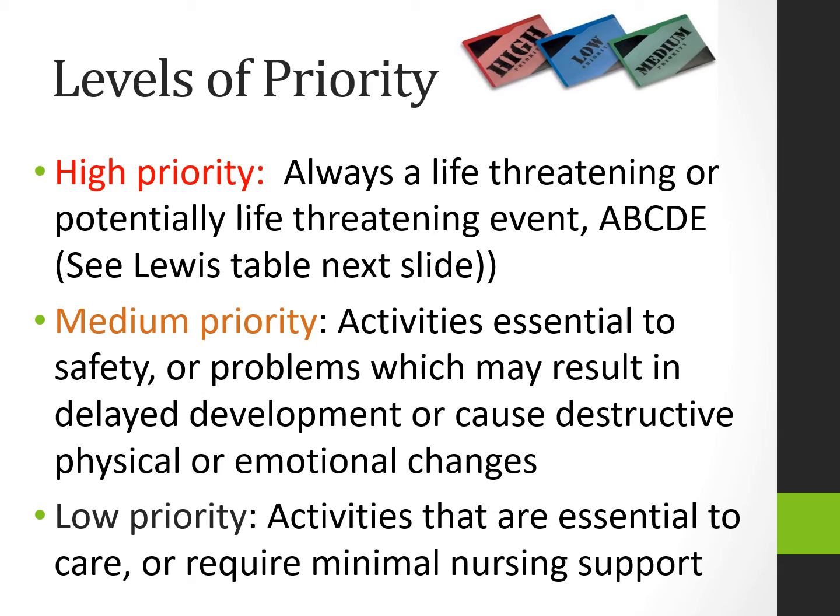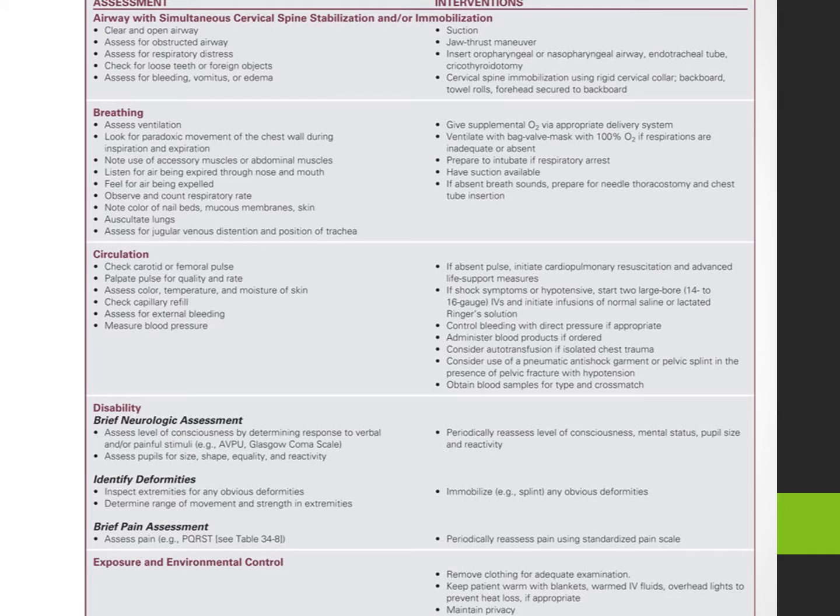Medium priority would include activities essential to safety or problems which may result in delayed development or cause destructive physical or emotional changes, such as a delay in medication administration for a stable patient. Low priority would include activities that are essential to care or require minimal nursing support, like activities of daily living.